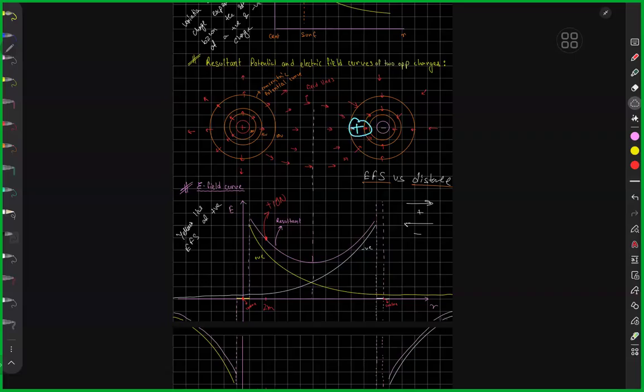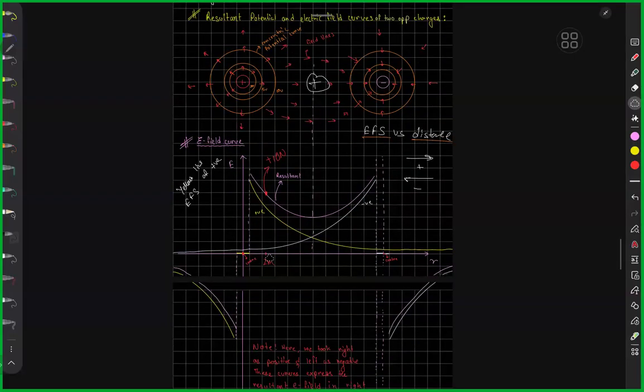And rightfully so, because it gets repelled by the positive charge and attracted by the negative charge. If placed over here, what happens? It is, let's say, 5 meters away from the center of the positive sphere. So what is the value over here of the field strength? Let's say it is 6 newtons, but positive.